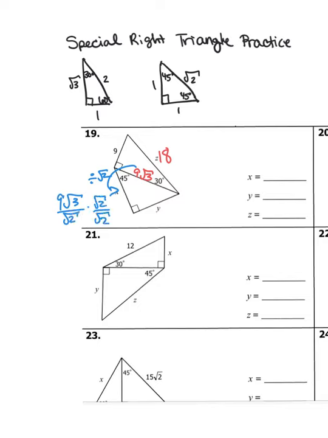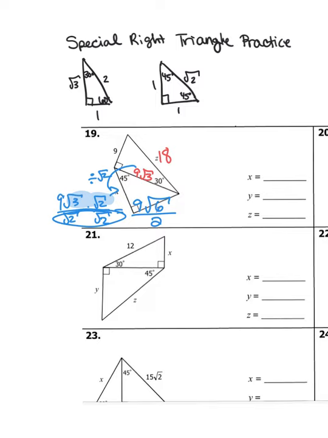I understand it has 2 radicals in it, so that may get you a little bit in a tizzy, but that's okay. I'm just going to multiply my 2 radicals together, and I get 9 times 2 times 3, so it's the square root of 6. Remember, anytime I multiply 2 of the same radicals, I just get what's on the inside.